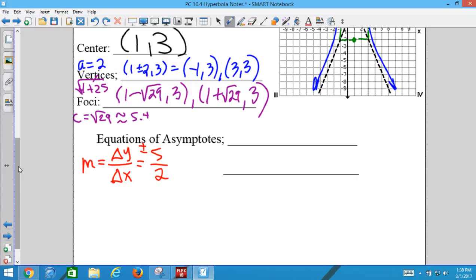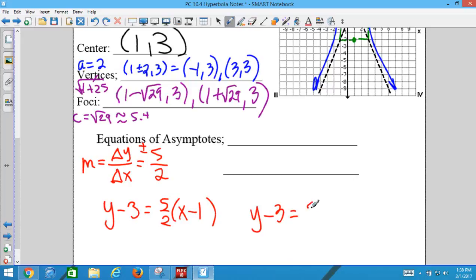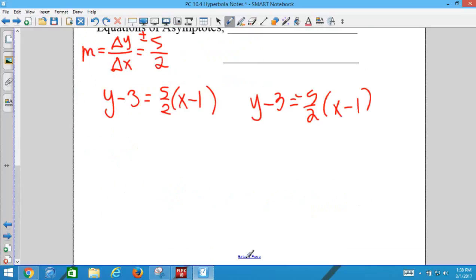So I'm doing y minus 3 equals 5 over 2 times x minus 1. And y minus 3 equals negative 5 over 2 times x minus 1. And we'll distribute. I distribute to get 5 halves x minus 5 halves.